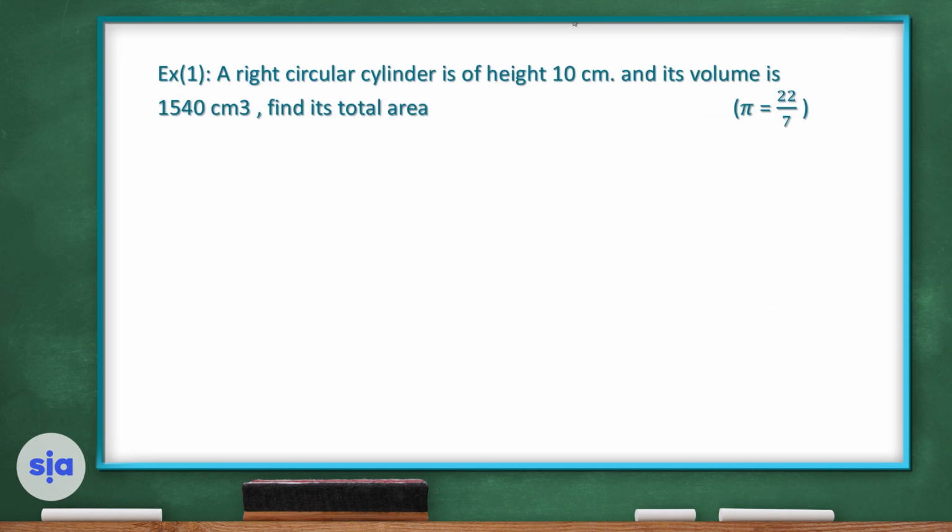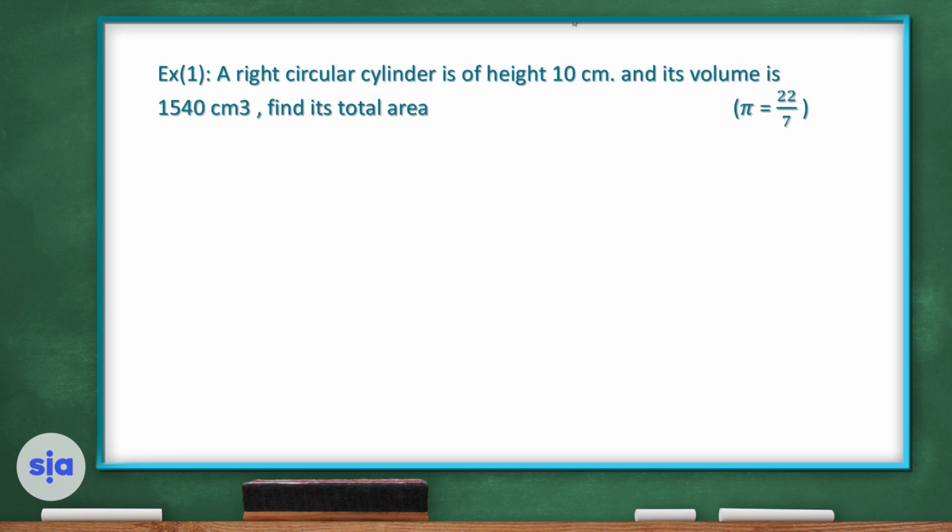Let's start solving an exercise. A right circular cylinder is of height 10 centimeters and its volume is 1,540 centimeters cubed. Find its total area, and it is given to use pi equals 22/7.